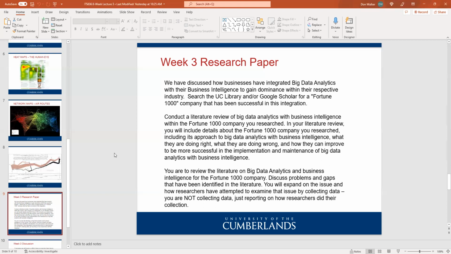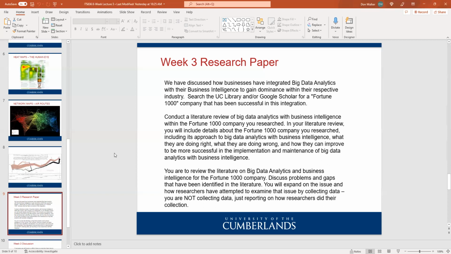So you'll conduct a literature review of big data analytics with business intelligence within that company you researched. So you're probably going to find a case study for that company that specifically talks about that, but you can also find other articles that just talk about analytics. I would bet that you'll have the most success with a large company like Amazon or Walmart or General Motors or Delta Airlines or something like that.